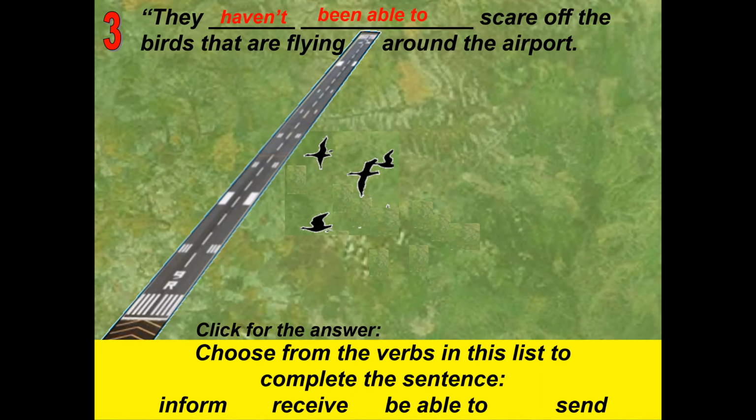So that's why we're talking about this kind of conjugation. What do they mean? What are their intentions? If Tower says they haven't been able to scare off the birds, it sounds like they're still working on it. They're still trying to. But if they say they're unable to scare off the birds, that's a little more definite. It's like, we're out of luck. The birds are there to stay.